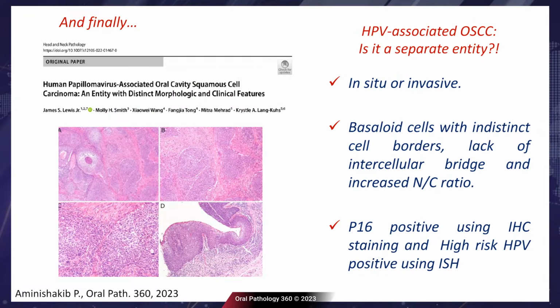Another important issue is the association between HPV and oral squamous cell carcinoma. You well know that some oropharyngeal carcinomas are HPV positive, and pathologists are supposed to assess the presence or absence of HPV using P16 in oropharyngeal squamous cell carcinoma.